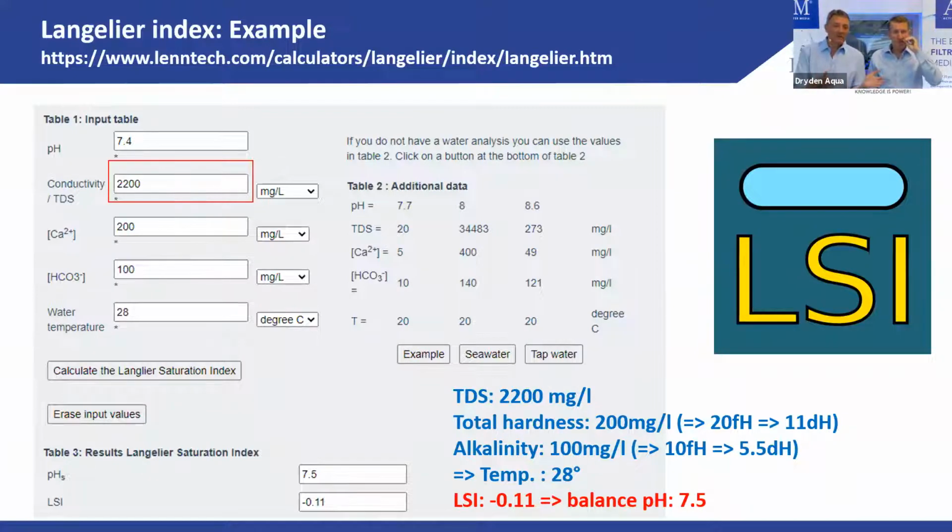But slightly, minus 0.11. This is still good. And in order to balance our LSI again, we should increase the pH by 0.1 to 7.5. This is still in balance. So you see salinity, 1 kilogram or 2 kilograms of salt, doesn't play such a big role.